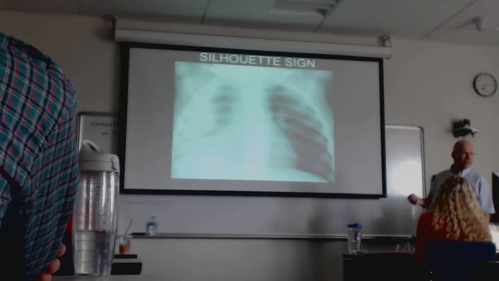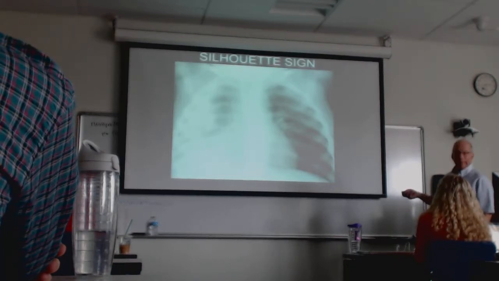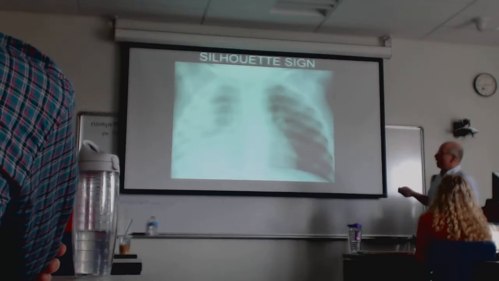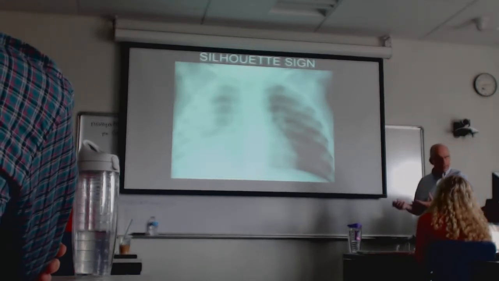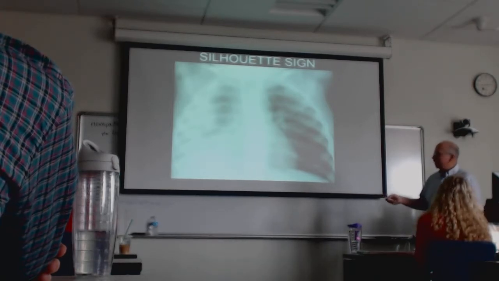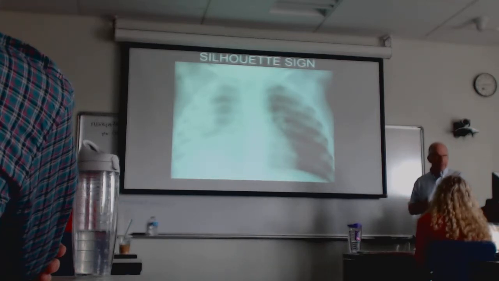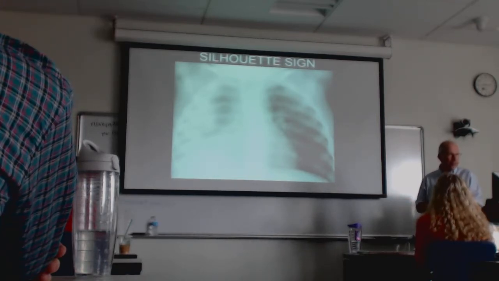The conclusion is right middle lobe airspace opacity. I can't tell you for sure that's pneumonia. I can tell you that there's something in the air spaces of the right middle lobe that is causing the density of the heart and the density of the right middle lobe to be the same. And so that could be pus, could be pneumonia, could be blood, could be tumor.